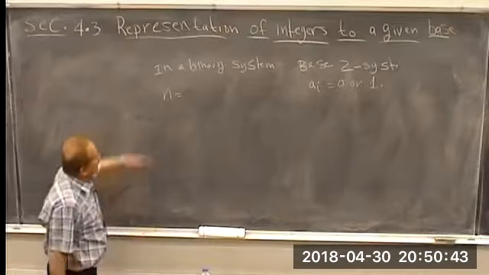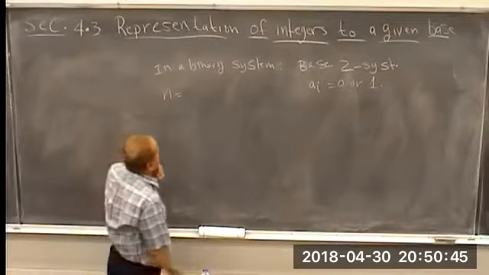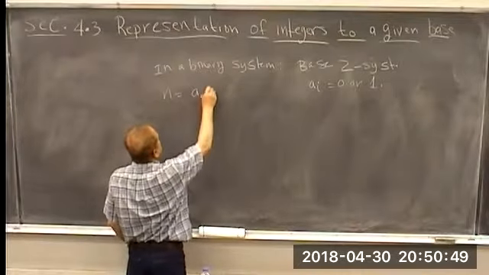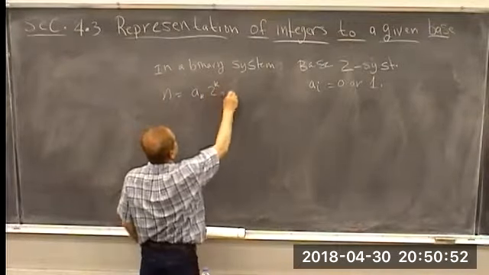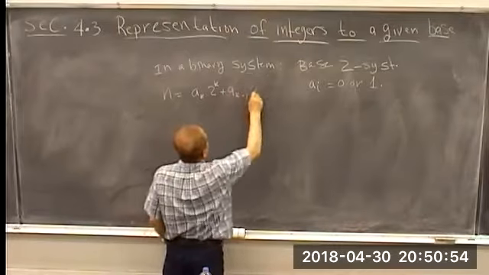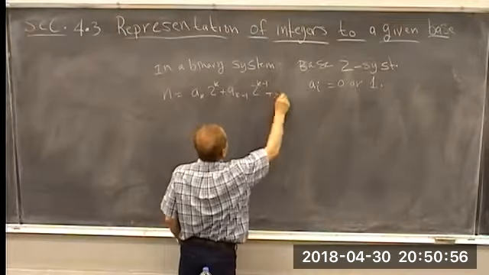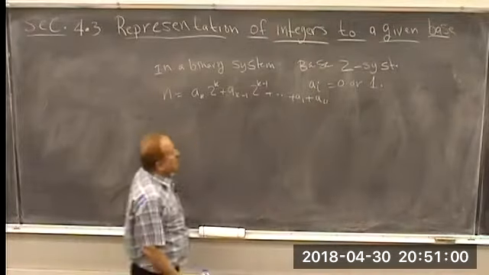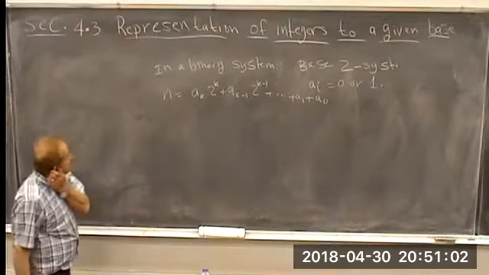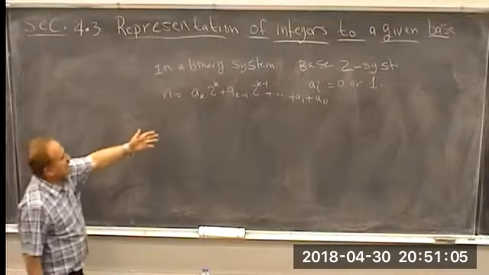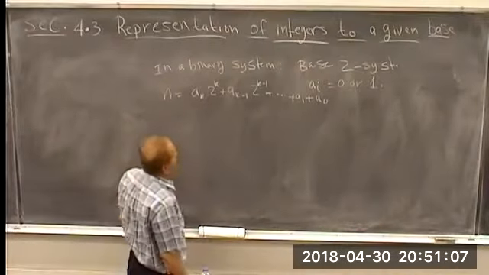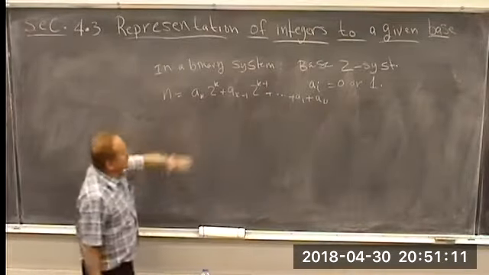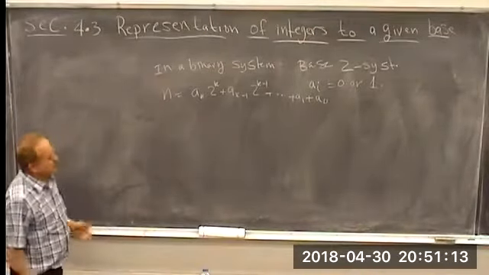So if I take an n and write it like this, with A sub k times 2 to the k plus A sub k minus 1 times 2 to the k minus 1, and so on, those A's that are 0, we can drop them, okay? And the ones which have 1 are going to leave us with powers of 2, right?